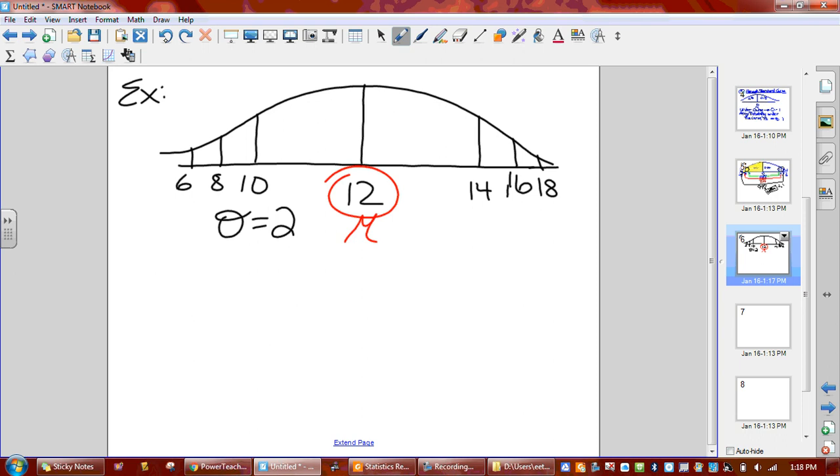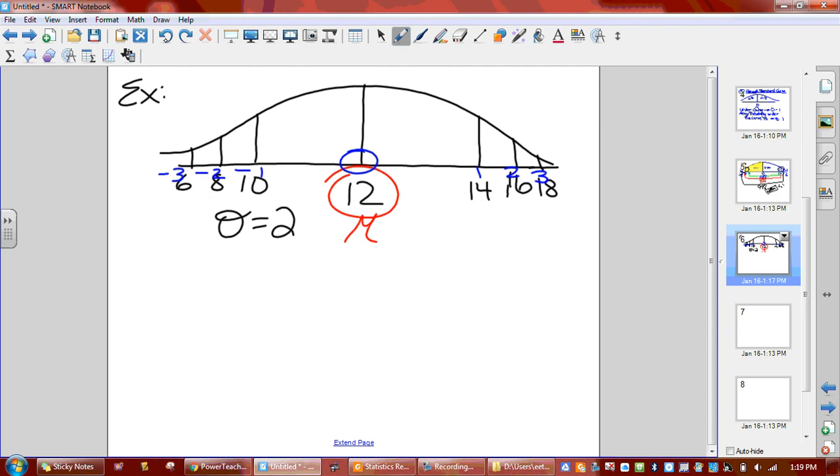So this one here would become 0, this one here would become -1, 8 would become -2, 6 would become -3. Over here, 14 would become our +1, 16 would become our +2, and 18 would become our +3.